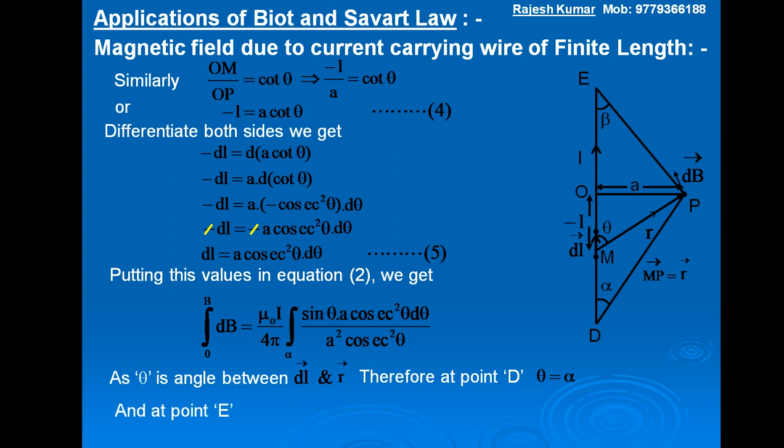And at point E, this is the direction of vector r and this is the direction of dl vector, so the angle between these two vectors becomes pi minus beta. So theta is equal to pi minus beta, and the upper limit becomes pi minus beta.